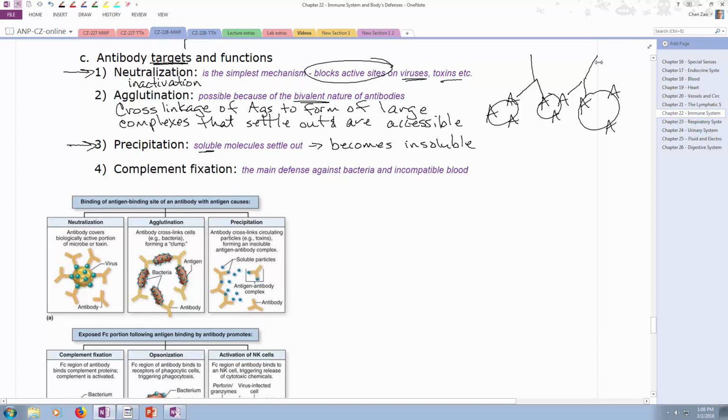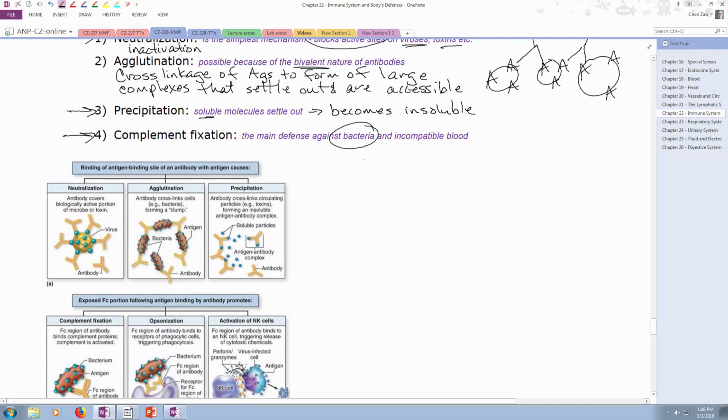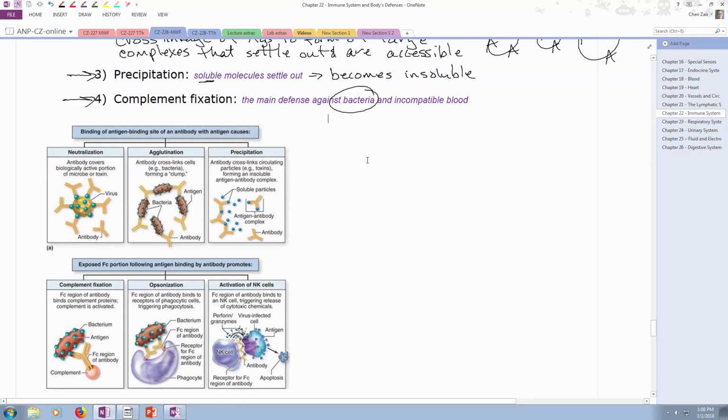Complement fixation, we've already touched on that. That is our main defense against bacteria and incompatible blood. You go, well, wait a minute, you just talked about agglutination with blood that we should not be encountering because we have antibodies against that blood type, which means it's obviously not our blood type.